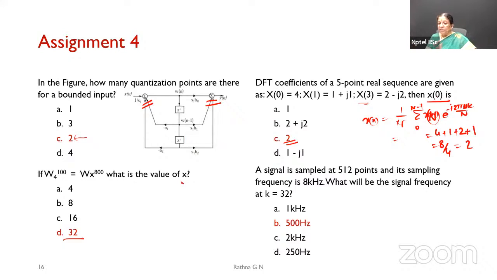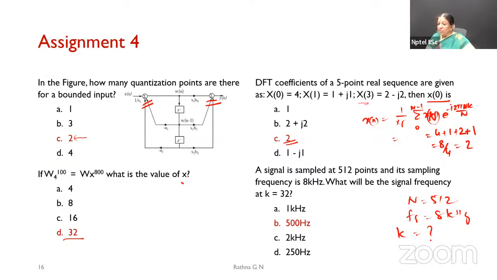So the next one is, we said that we have capital N equal to 512 points, and sampling Fs is given as 8 kilohertz. What is this K value going to represent? Can you guess what this is?